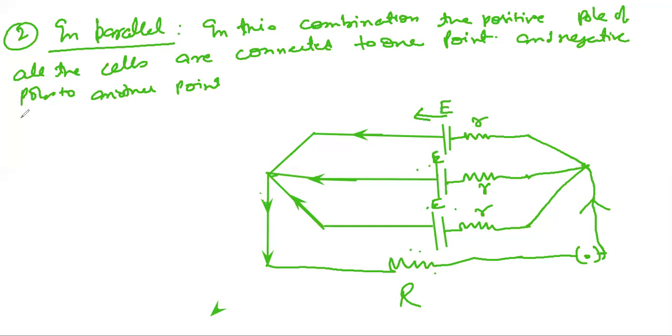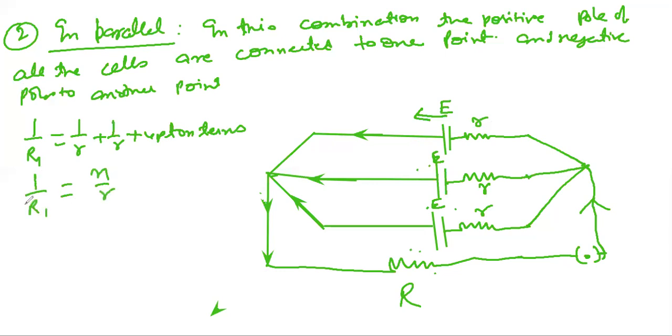So you write 1 by R1 is equal to 1 by r plus 1 by r plus up to n terms. So how much will it come? n by r. Therefore r1 is equal to r by n. So this is the total internal resistance.